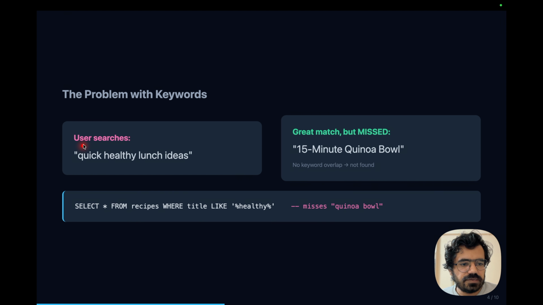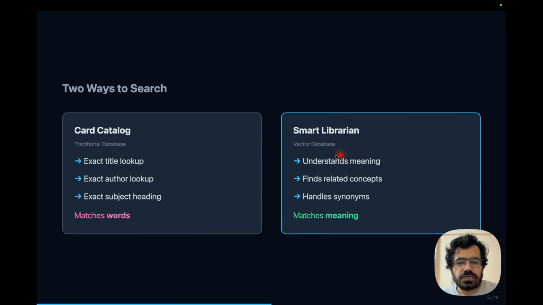So how would we search with a traditional database? We will write a query: select star from recipes where title like healthy. It will miss the quinoa bowl because its title does not have the word healthy in it. To overcome this sort of limitation, we go to the solution of vector databases.